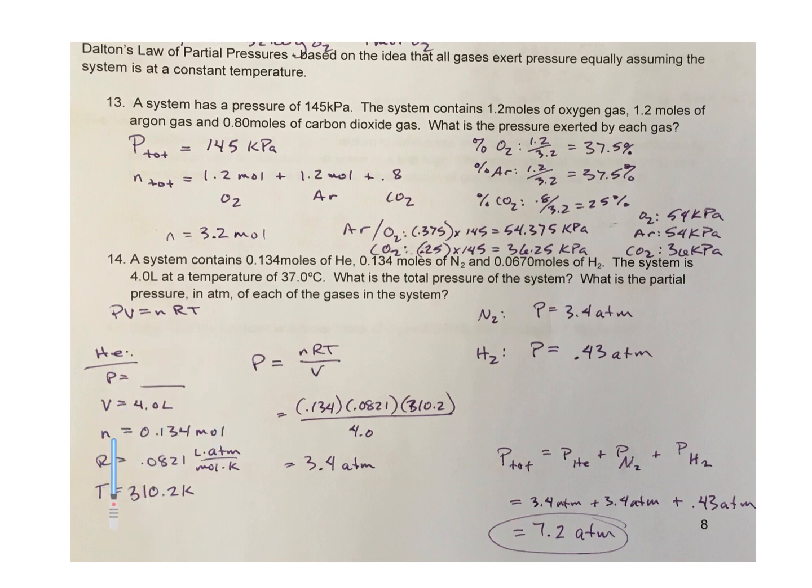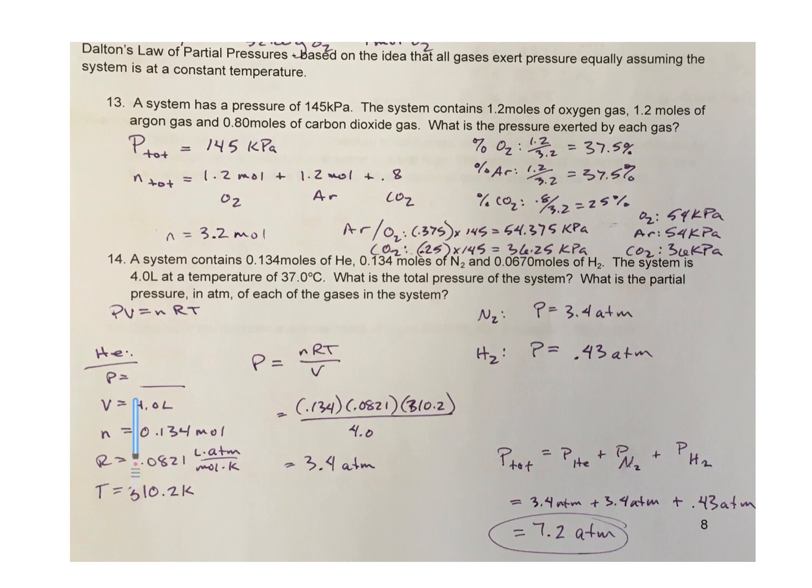So helium is given. The number of moles are given. It asks for the pressure, but it does tell us the volume and the temperature. So those are all reported. And so you can calculate the partial pressure of helium in this size container at 3.4 atmospheres.